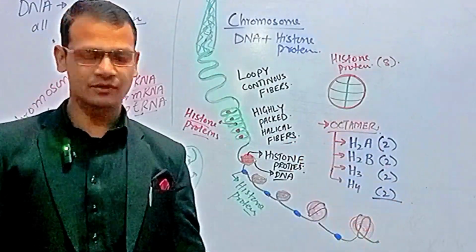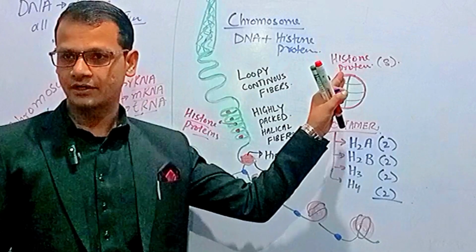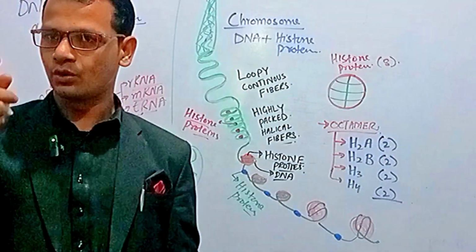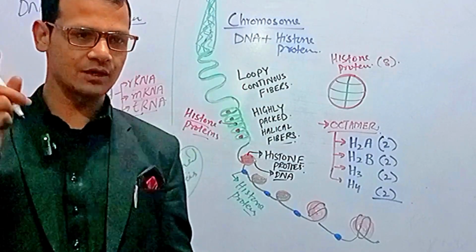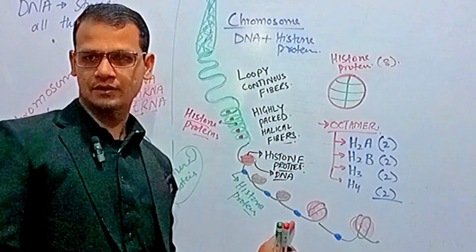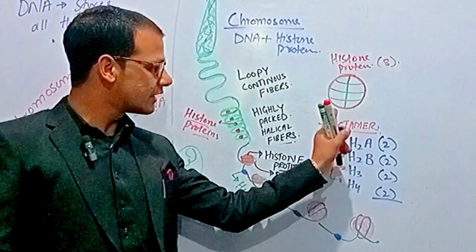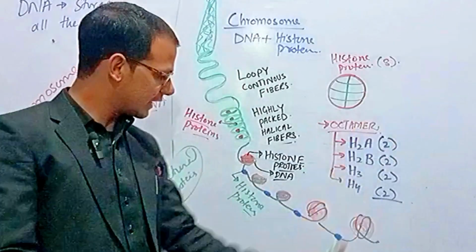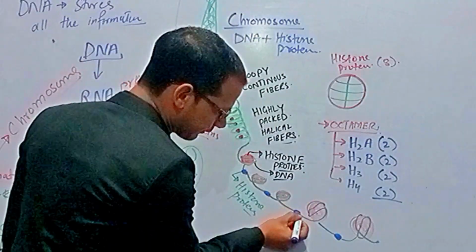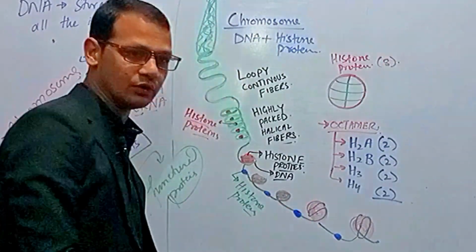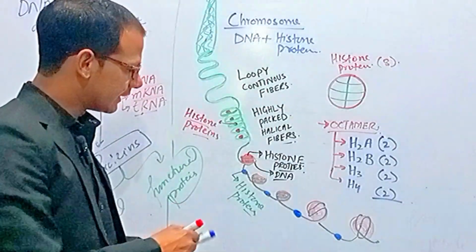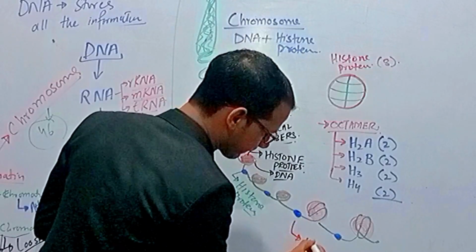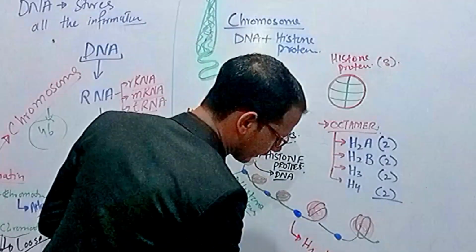If someone asks you what the types of histone protein are, there are 2 types. The one is around which the DNA is looping, and the second one is which connects those loops. This histone protein is also known as an octamer, which is composed of 8 further units. The other is this blue histone protein, called H1 histone protein.